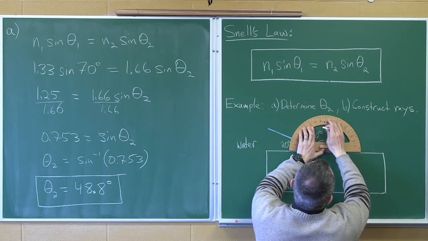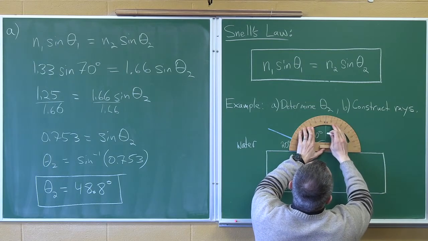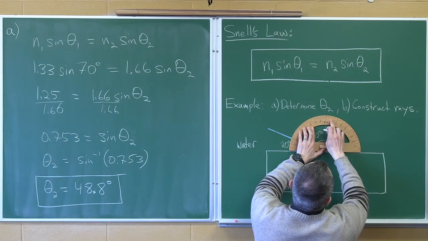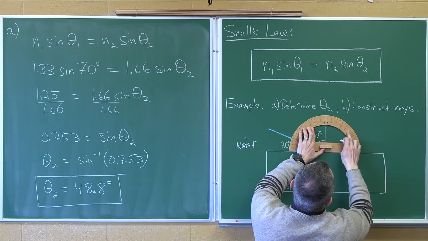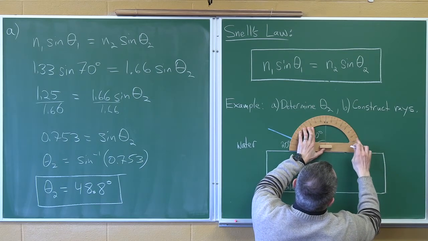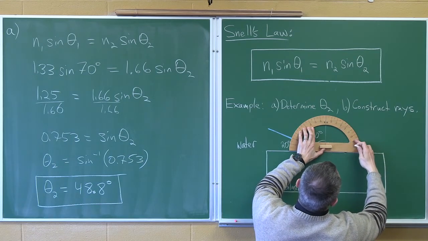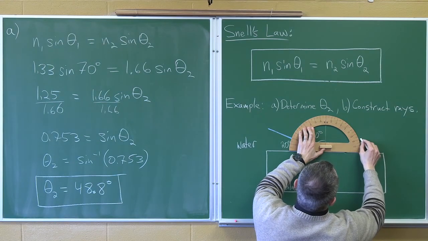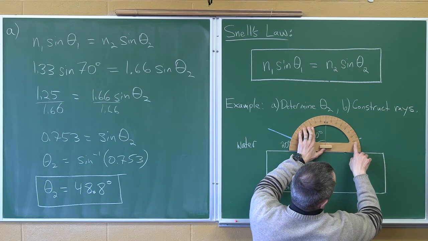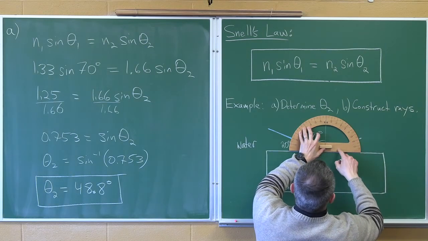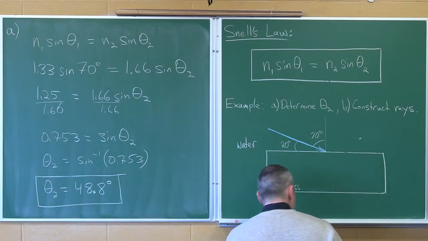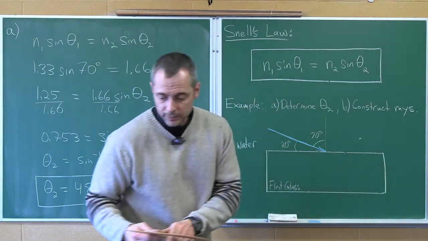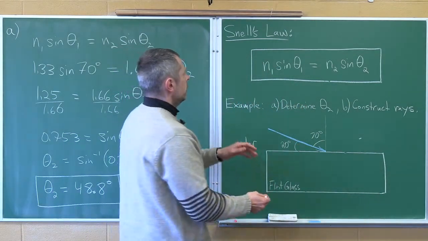So we don't use any of the numbers on the protractor. We count away from the normal, 10, 20, 30, 40, 50, 60, 70. Put a little light mark. Now notice, my numbers are 20 and 160. There's no 70 here. That's why I say the numbers on a protractor are just misleading. Use it just to count over degrees.